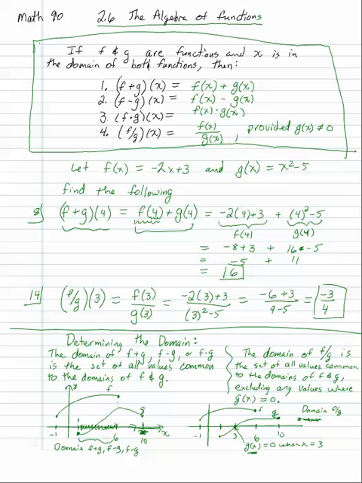So again, you get the overlap: from 1 to 3, that would be an open circle, and then from 3 to 6. Your domain would be from 1 to 3 and then from 3 to 6, excluding 3.